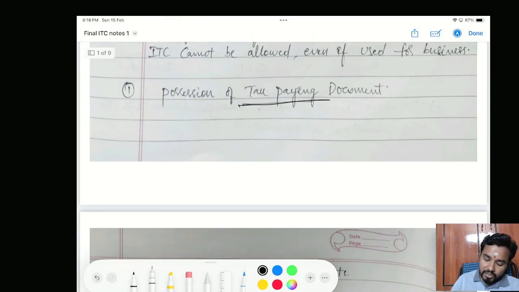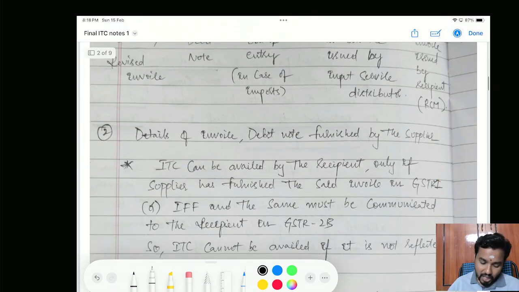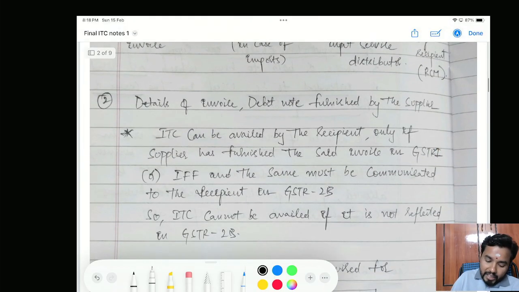First one, possessing of tax paying document. You should have a tax paying document in possession. Next one, details of invoice and debit note furnished by the supplier, and that should get reflected in GSTR 2B. So whatever invoices, debit notes, and so on, on which you are about to avail ITC, should have been furnished by the supplier and should get reflected in GSTR 2B.